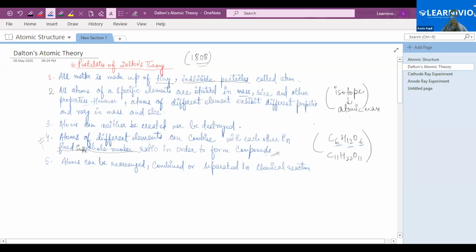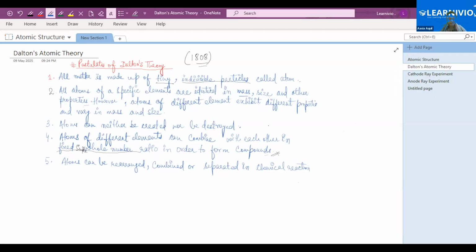I hope it is clear now. So only some of them were correct. He talked about the law of conservation of mass, the law of definite proportion, and the law of multiple proportion. So these 3 were okay.